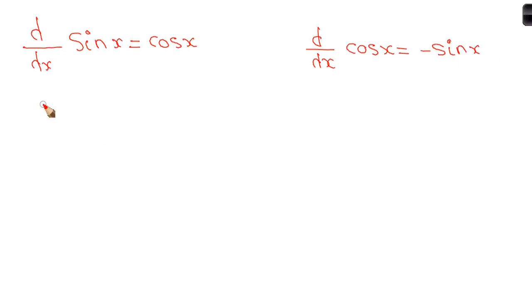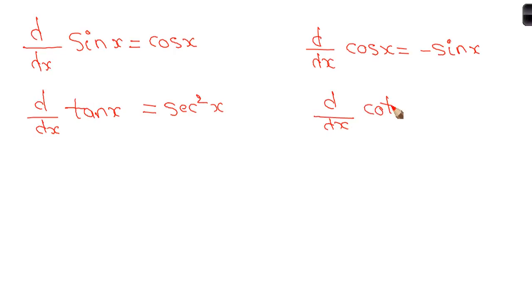Then we have learned the derivative of tan x. The derivative of tan x is secant square x. And then we have learned the derivative of cot x. The derivative of cot x is minus cosecant square x.